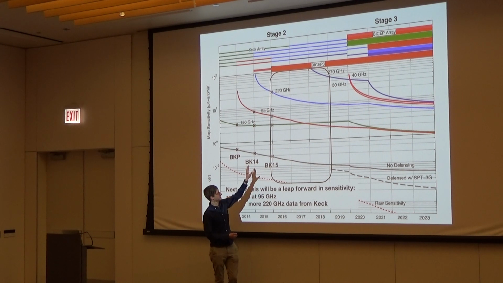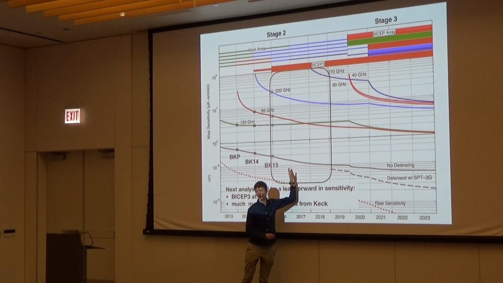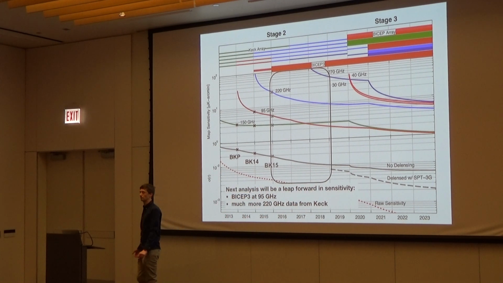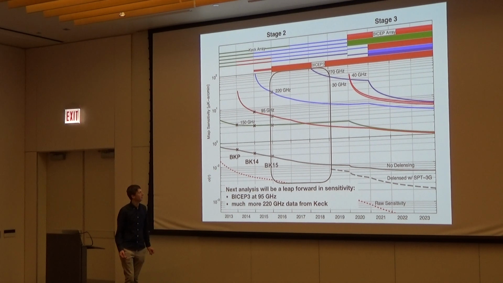I just want to make the point that this is going to be a much larger step forward, something like a factor of 2 in terms of our sensitivity to r. And that's based on what we think are very accurate projections, from a lot of prior experience.